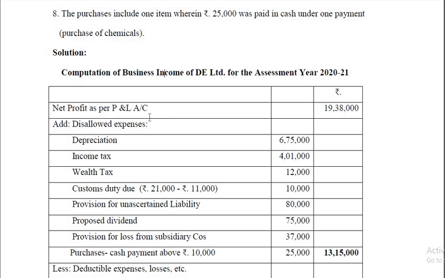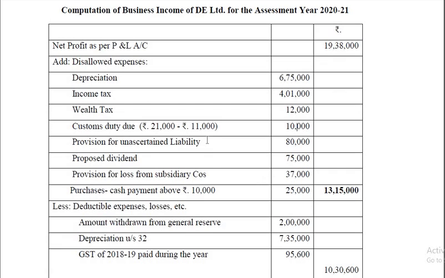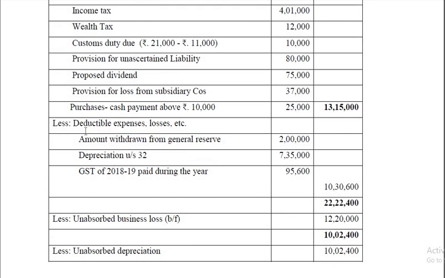Okay, net profit as per profit and loss account is 19,38,000. Disallowed expenses: depreciation, income tax, wealth tax, customs duty unpaid, still payable 10,000. Provision for unascertained liability, proposed dividend, provision for loss from subsidiary companies, then single cash payment of about 10,000, together 13,15,000.